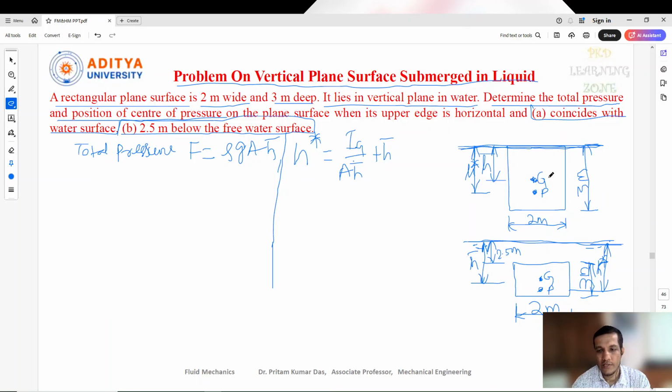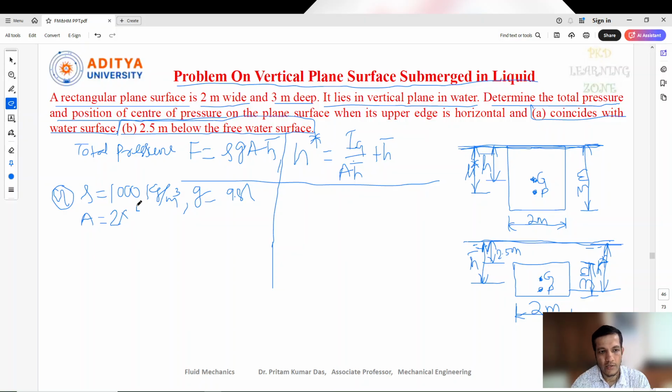These two equations need to be used for two different cases. First, the first case: let me calculate F equal to rho g A H bar. Rho is for water, so we can consider the density of water as 1000 kg per meter cube, and g we know is 9.81. Area we need to calculate: the width and depth are 2 meter by 3 meter, so 2 into 3 is 6 meter square.